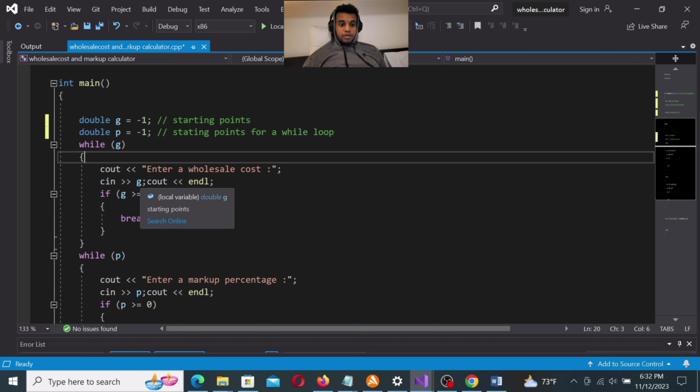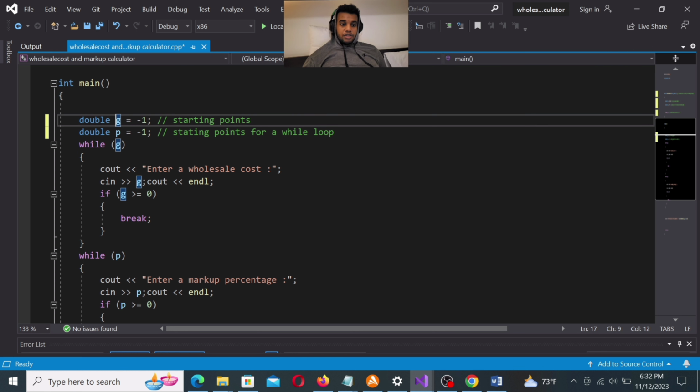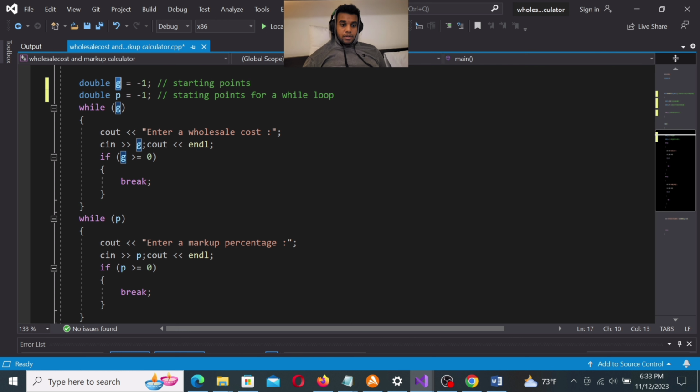And cout, I hope by now you probably know what cout is. We enter a wholesale cost, and cin input G. So if we still input a value less than 0, the loop's gonna run again. Then if G is greater or equal to 0, we break from the loop.